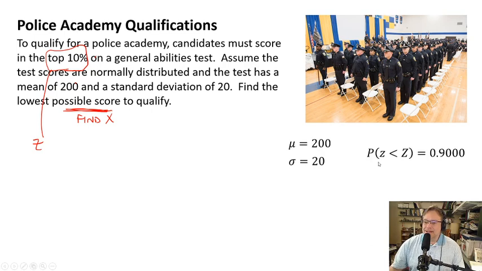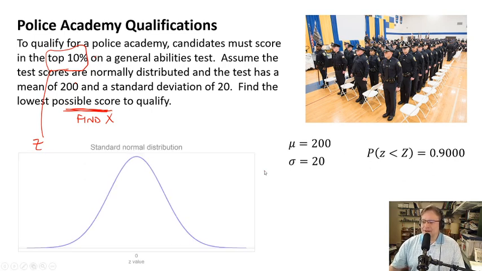Let's take a look at the standard normal distribution here, and let's ask, where is the threshold below which 90% of everything exists below it? In other words, if I draw my standard normal distribution here, we want to take a look at the top 10%.